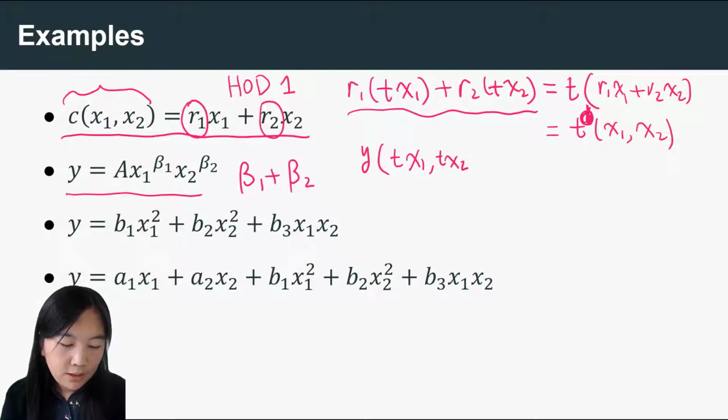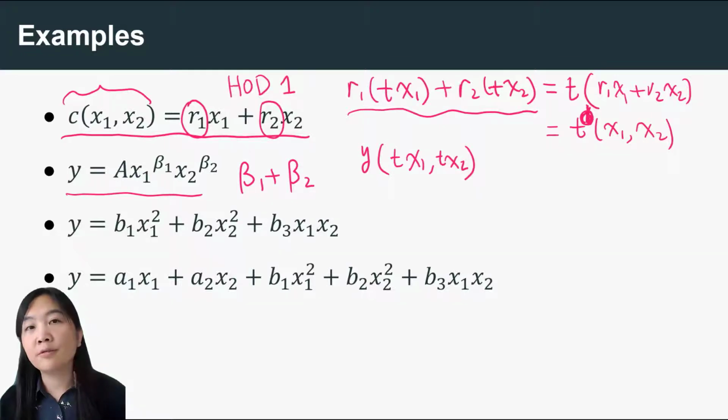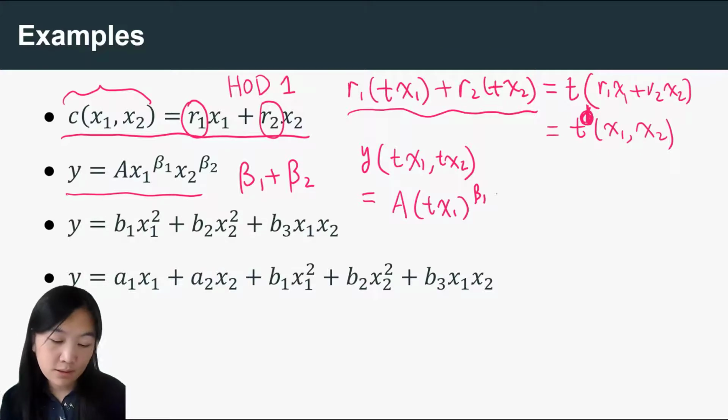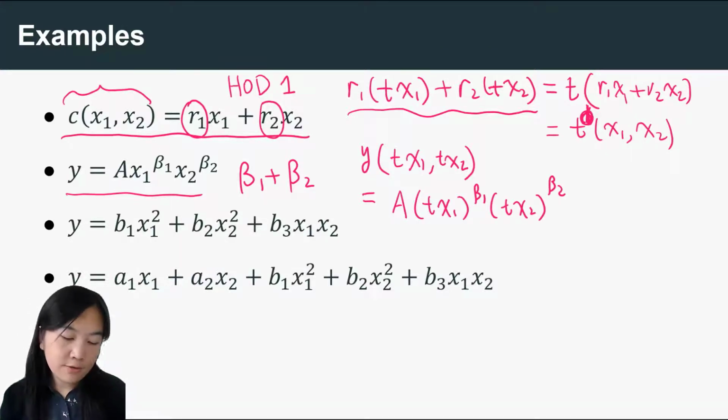Here, let's write this in more detail. If we change our input use from x1, x2 to t times x1 and t times x2, then the resulting output will be t x1 to the beta 1 and t x2 to the beta 2. For exponential functions, we can simplify this expression by separating the t and x1.